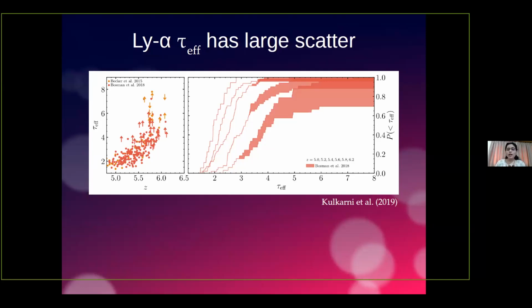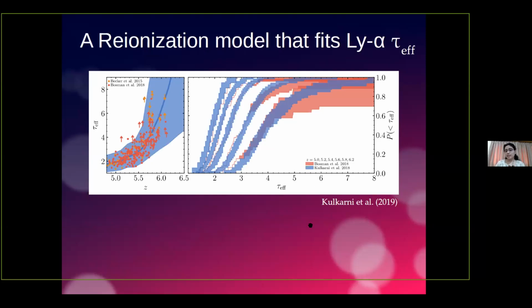For that, Kulkarni et al. in 2019 gave a reionization model, a model of late reionization, which is able to explain this effective optical depth of the Lyman alpha forest very well.